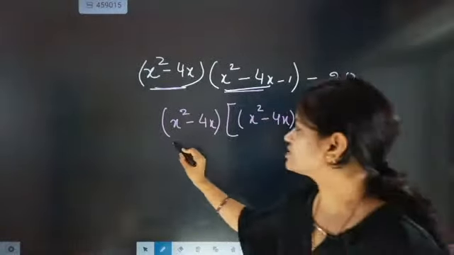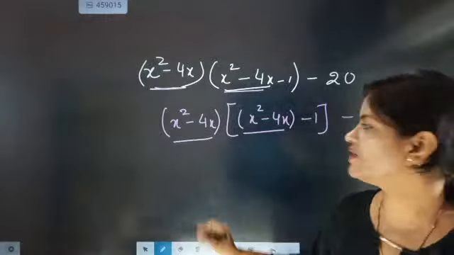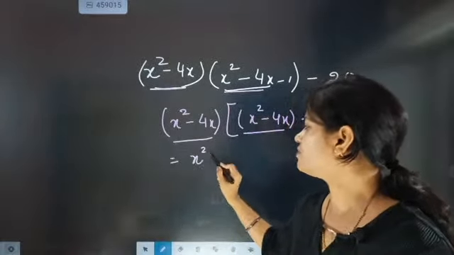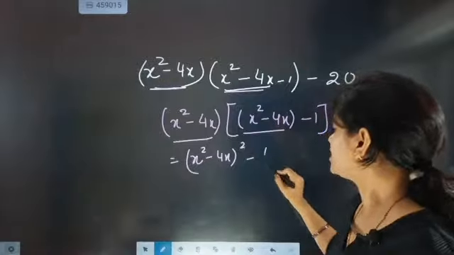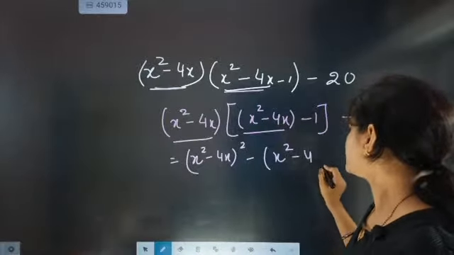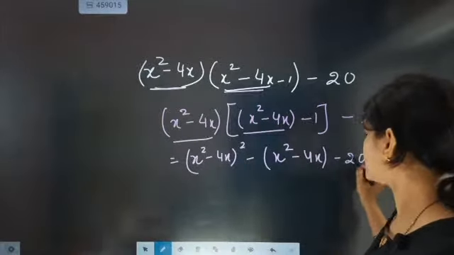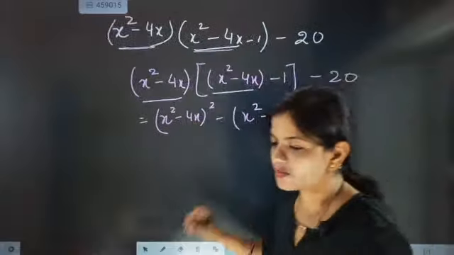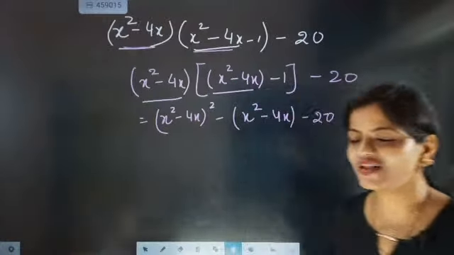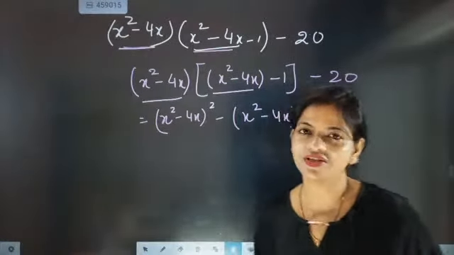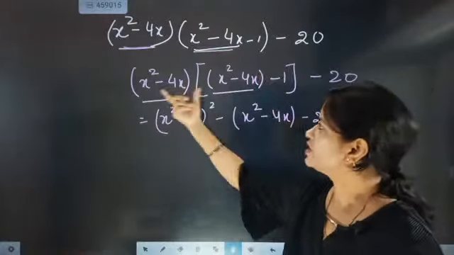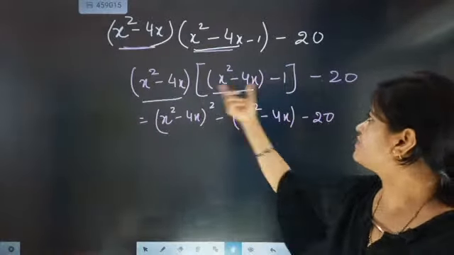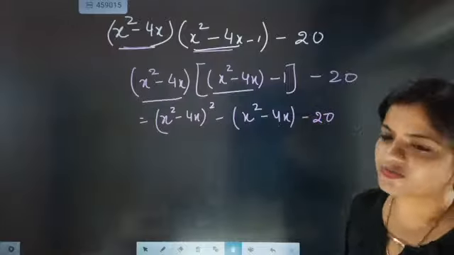So one time x square minus 4x will multiply with this one. So it will become x square minus 4x whole square minus x square minus 4x minus 20. Now only one step was needed. After that, just see here, the same bracket minus 1. So this and this will become square, and this will become x square minus 4x minus 20.